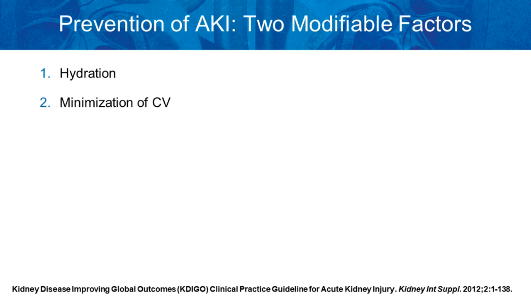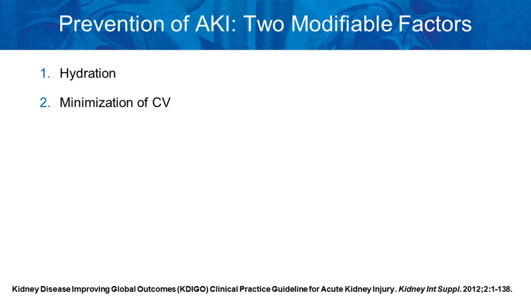So then you take it to the next level. What can we do to prevent acute kidney injury? Well, you can do two things. In the acute phase, you cannot change the patient's chronic kidney disease status. So if you have chronic kidney disease, you have chronic kidney disease. If you have a normal number of nephrons, you have a normal number of nephrons. But for the patient in the cath lab, you can modify two things.